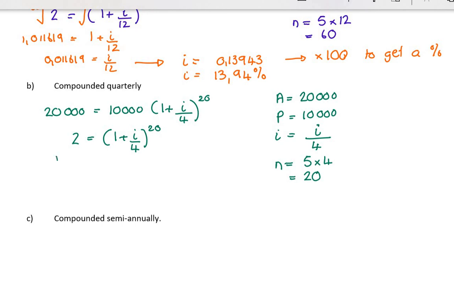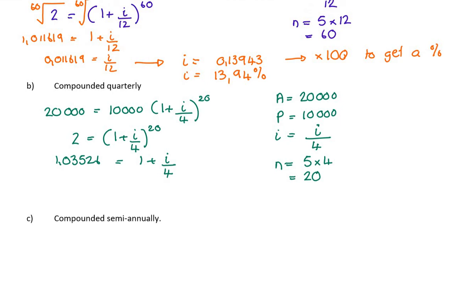So I get 1,03526 equals 1 plus I over 4. And again, I start getting really lazy, so I minus 1, I multiply by 4, and then I multiply by 100, and in an exam I would just go straight to my answer of 14,11%.